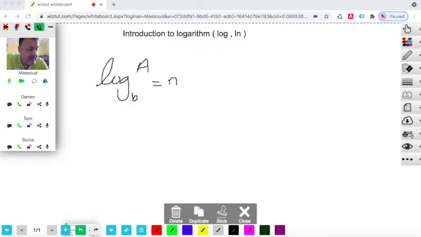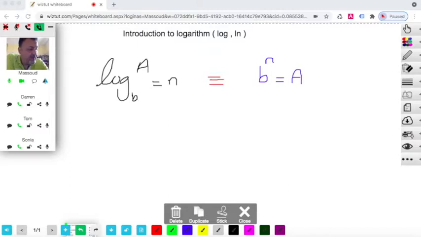Now that is equivalent to an exponential relationship, and that exponential relationship is that b, which is the base, to the power of n will be equal to subject A. So these two are totally equivalent to one another.